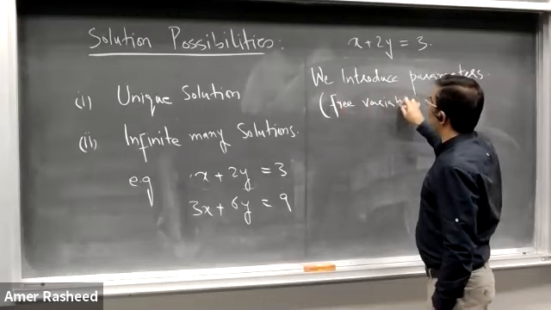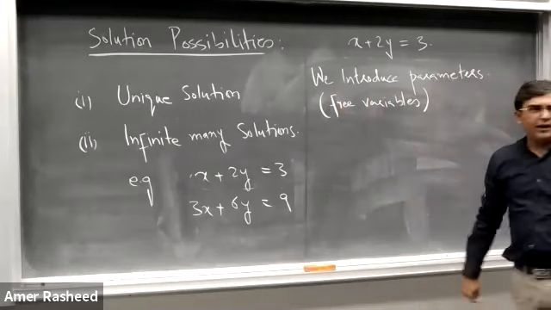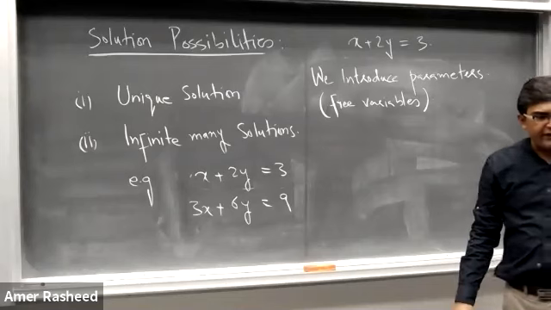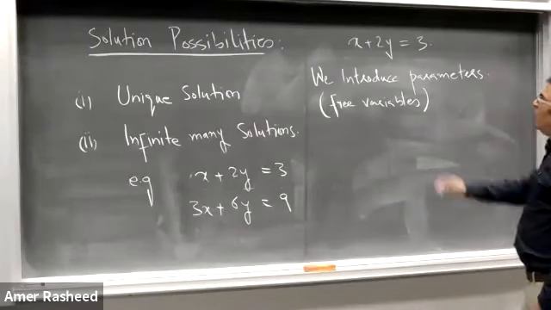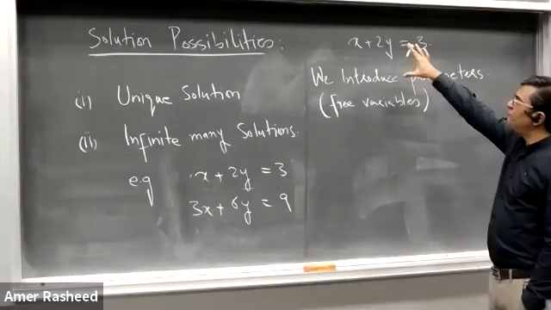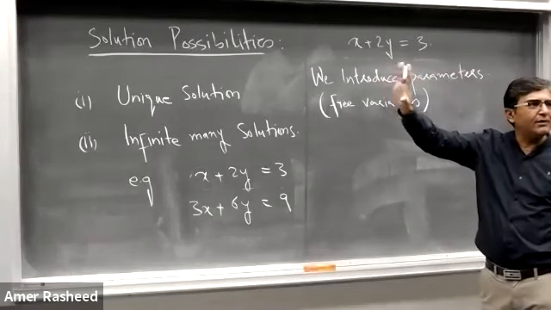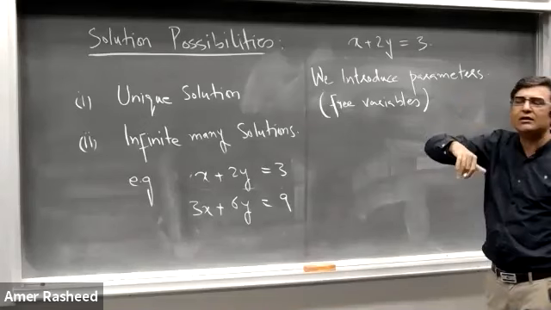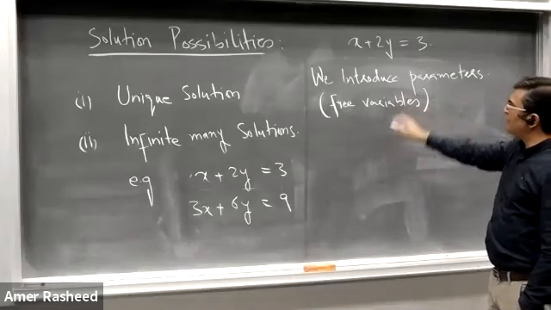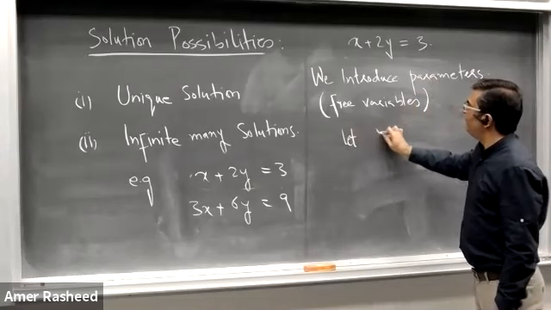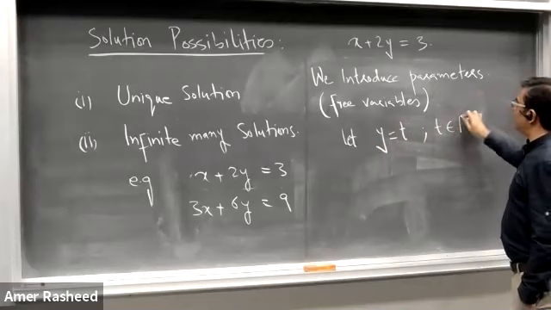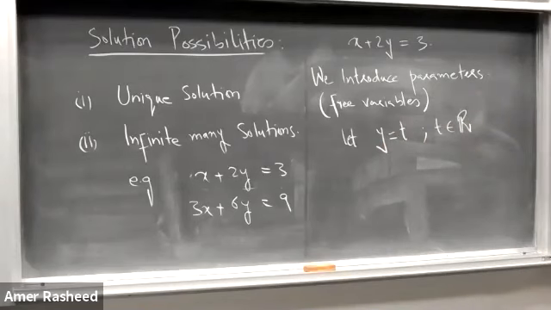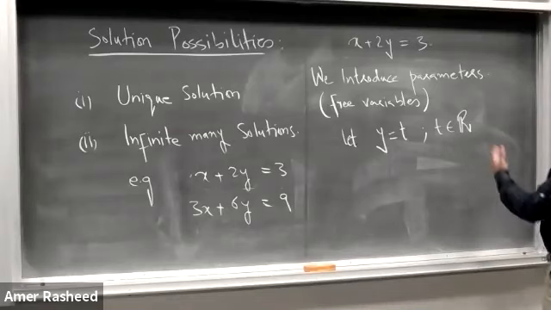We can take either of these two variables as a free variable or parameter. For example, I say let y = t, where t belongs to R. t is a parameter and it can have any value in real numbers.